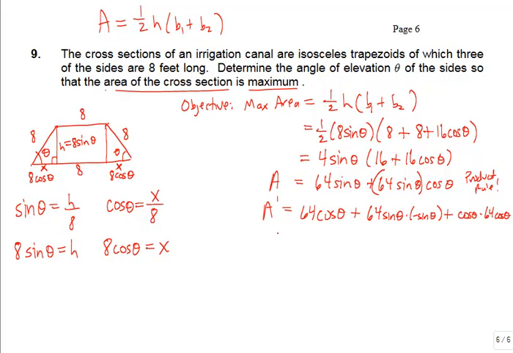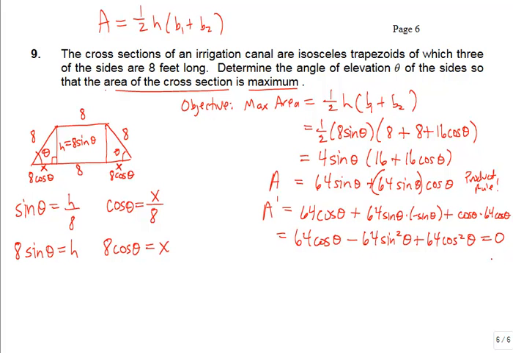Now let's clean it up. So we have 64 cosine theta minus 64 sine squared theta plus 64 cosine squared theta. Okay, now when I work with this, it's usually beneficial when you're working with trig equations because we're going to want to know where this is 0.